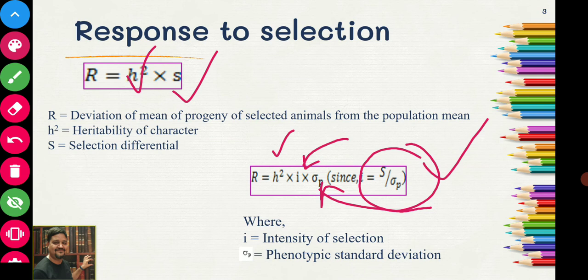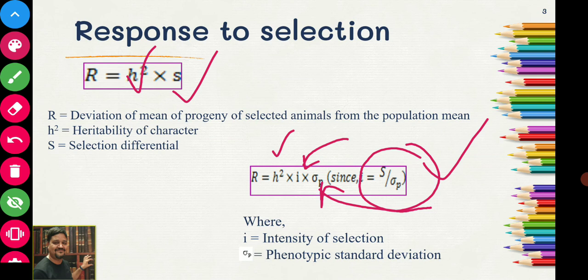In this way, you have expanded the formula of response to selection as heritability into intensity of selection into phenotypic standard deviation. Regarding intensity of selection, we will further see what it actually is.